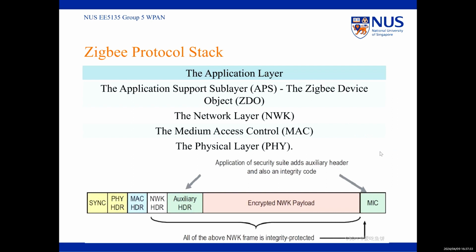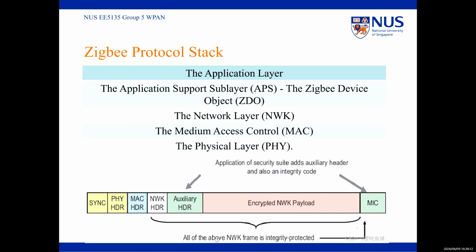The network layer provides routing and addressing within the network and forms and maintains the network topology. The application support sublayer facilitates the communication between the network and the application layer and supports variable application profiles. Also in this layer, it has the ZigBee device object for the interface. It manages device discovery, binding, and joining the network.